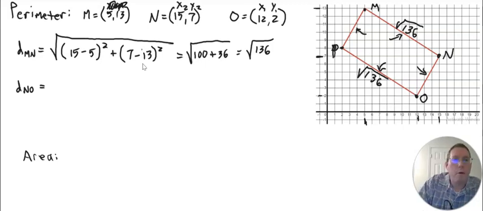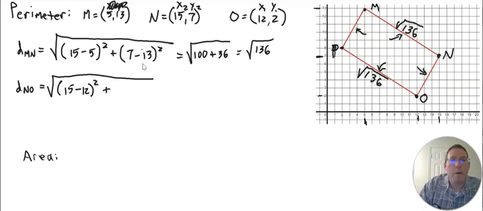To find the distance of NO, we do the square root of (X2, which is 15, minus X1, which is 12) squared, plus (Y2, which is 7, minus Y1, which is 2) squared. 15 minus 12 is 3, and 3 squared is 9. 7 minus 2 is 5, and 5 squared is 25.